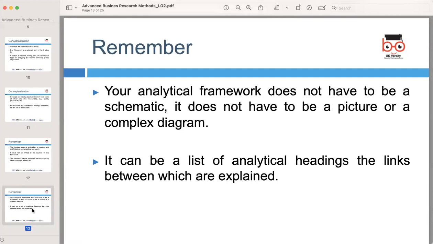Next, it can be a list of analytical headings, the links between which are explained. As mentioned earlier, it does not have to be complicated. In fact, a simple list of analytical headings can be highly effective. These headings represent the key areas or dimensions that we need to explore to gain a comprehensive understanding of the problem at hand.